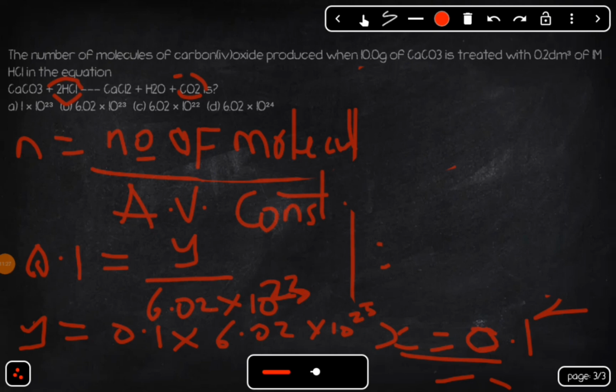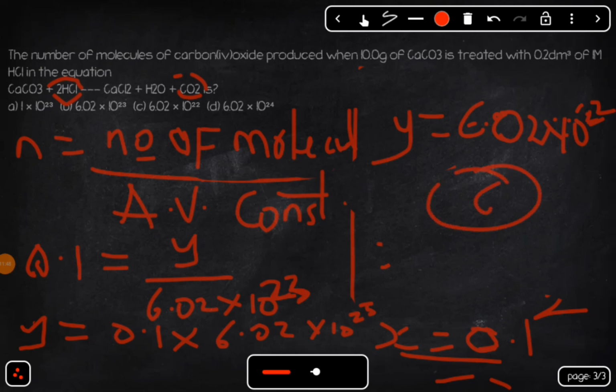So eventually y will be equal to 6.02 times 10 raised to the power 22, which is our option C. That's our answer according to this.